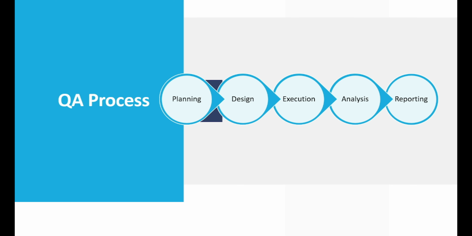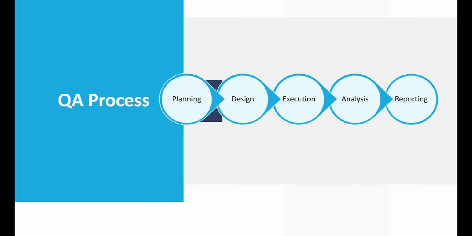If the project contains any bug, you need to report the particular bug to the creator, which means the developer, and you can use a tool called Jira. I will explain Jira in the future. So you need to report several things. The QA process begins with planning and ends with reporting.